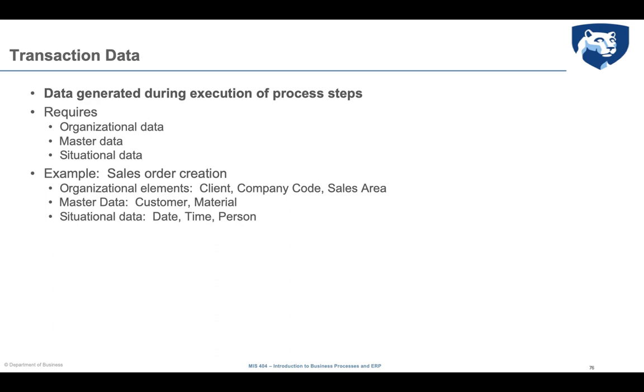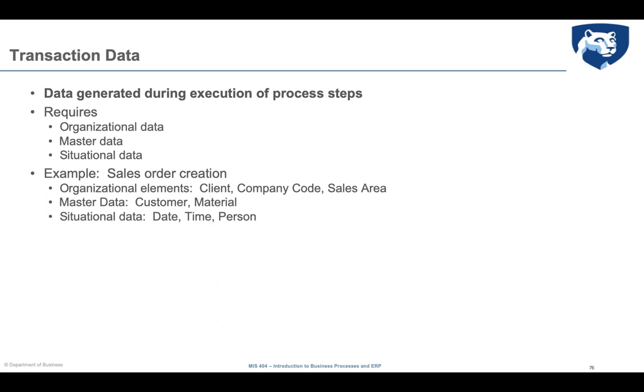So of course they require organizational data and master data, because you have to associate this document to the organization that has generated the document and the entity that is associated to this document, but they represent the document. For example, a purchase order, a purchase requisition, a sales order, a delivery document, a production order. These are all examples of transaction data.